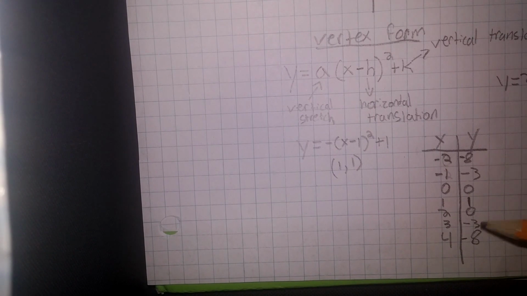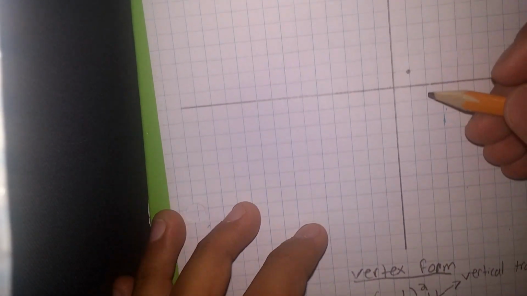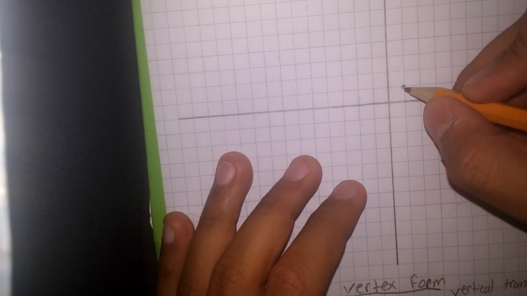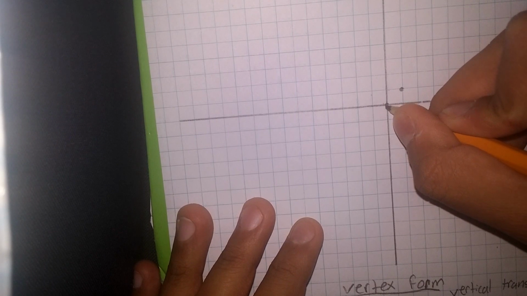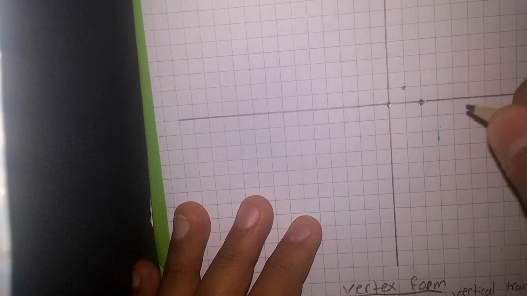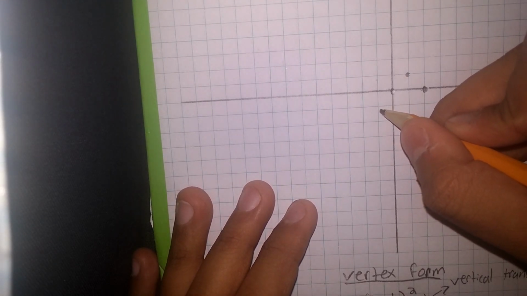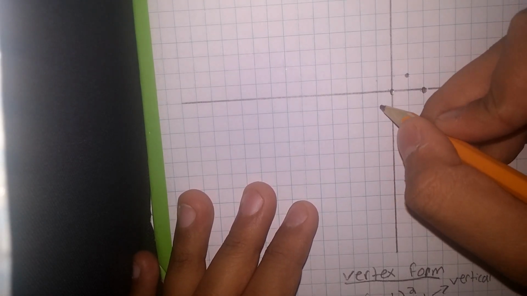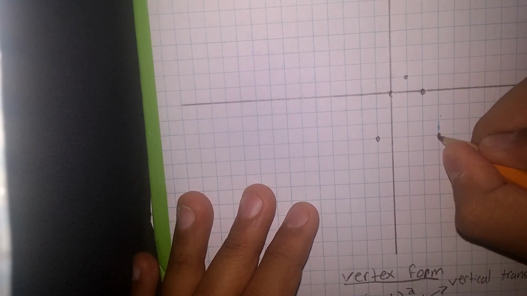So let's go ahead and put these points on the graph right above. We have our vertex right here. And then the 0 was going to be 0. And the 2 was going to be 0, 2. And then negative 1 was going to be negative 3. So negative 1 there, I'm going to put that down there.